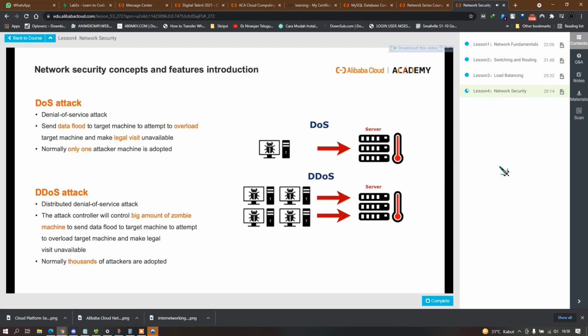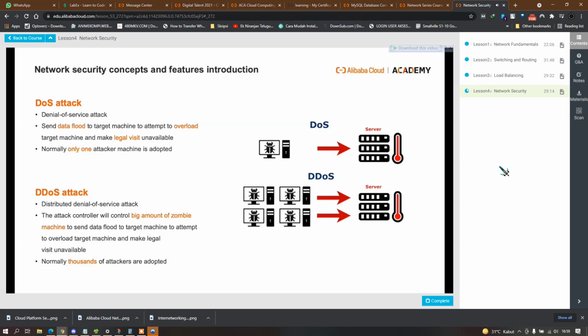But there is another kind of attack named the DDoS attack. Actually, we can say that the DDoS attack is the advanced version of the DoS attack. DDoS stands for distributed denial of service attack. With the DDoS attack, there will be an attack controller. There may be just one controller, but the controller can control a large number of zombie machines.